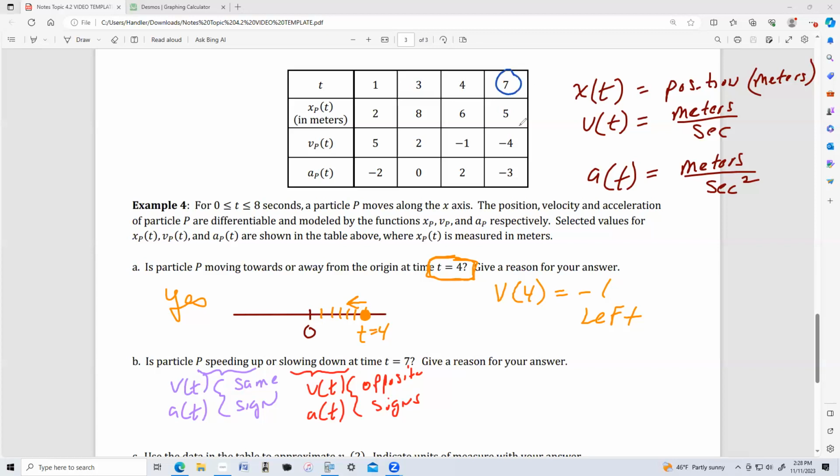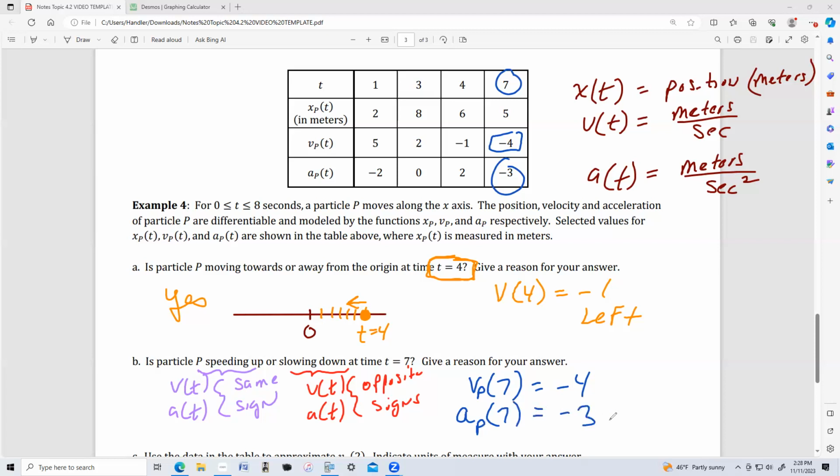So at time 7, the velocity is negative. The velocity of particle P at time 7 is -4. The acceleration of particle P at time 7 is -3.